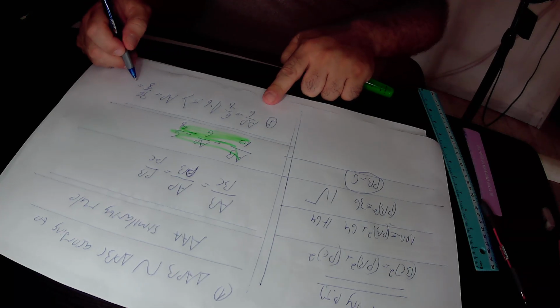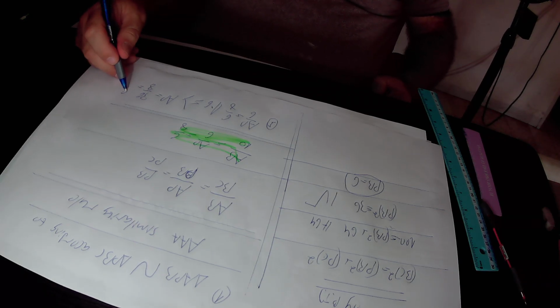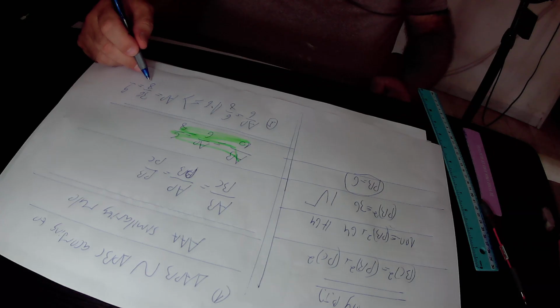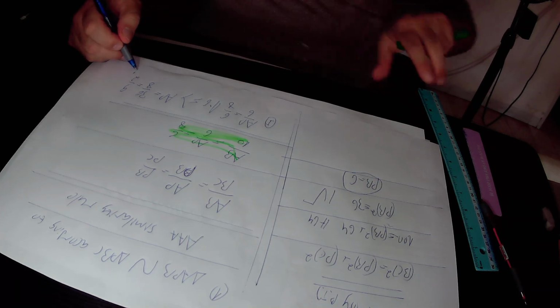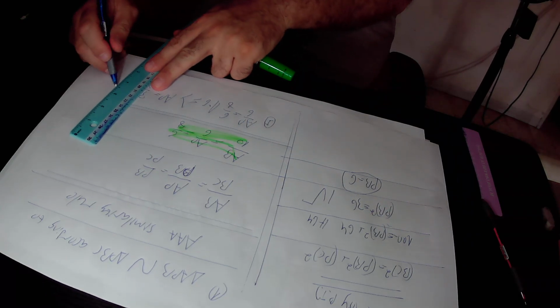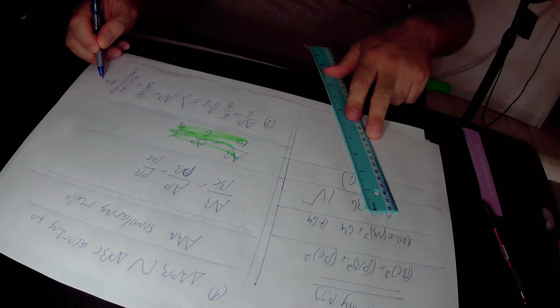So here we will divide both the numerator and the denominator of this number by 4, and we get that 36 over 4 is 9, and 8 over 4 is 2. So in total, we found out that AP equals 9/2.